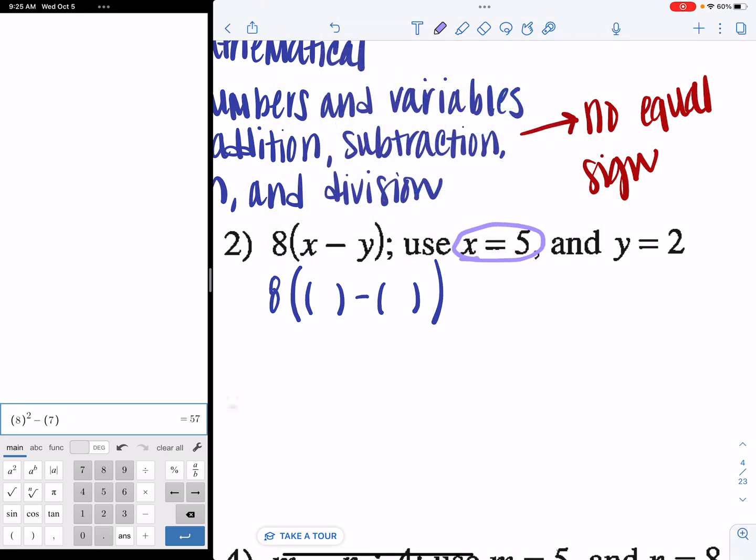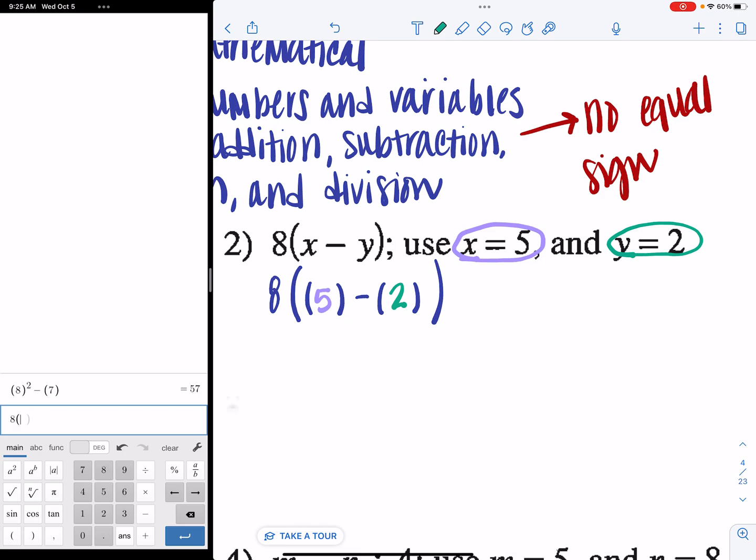This says to put the 5 in the x hole, so I'm going to fill that one up. Then I'm going to put the 2 in the y spot. I don't have any more holes, so it's time to go to the calculator.